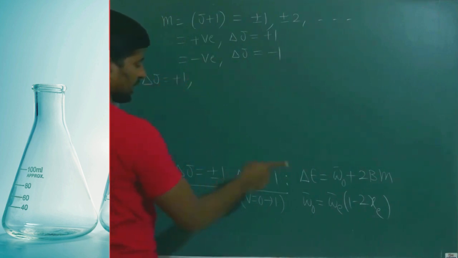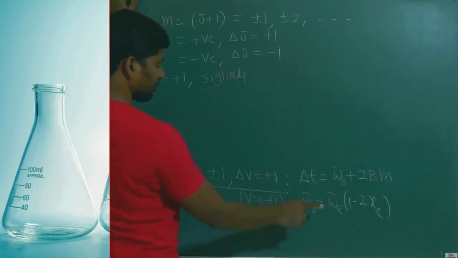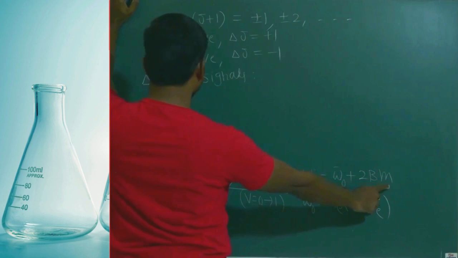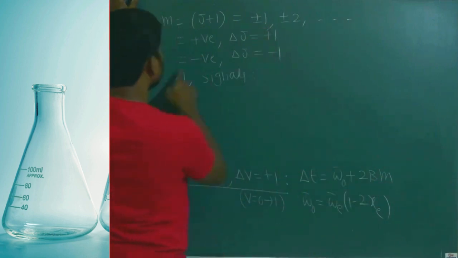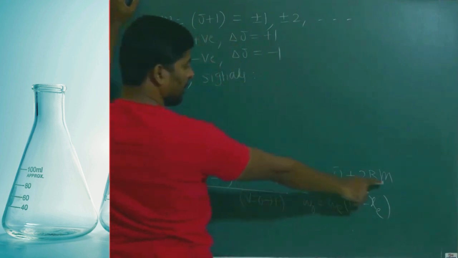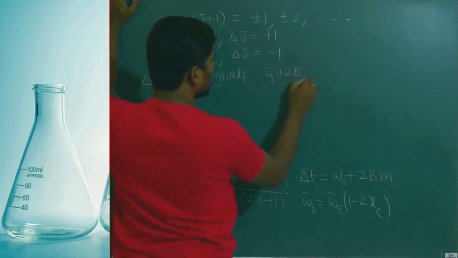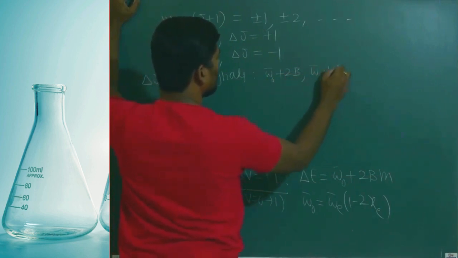So if you take delta J equal to plus 1, the various signals are observed at omega bar naught, with m positive. If you substitute m equal to plus 1, what will we get? Omega bar naught plus 2b. Substituting plus 2, omega bar naught plus 4b.